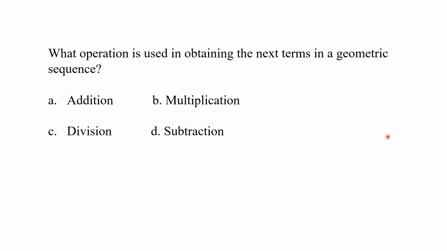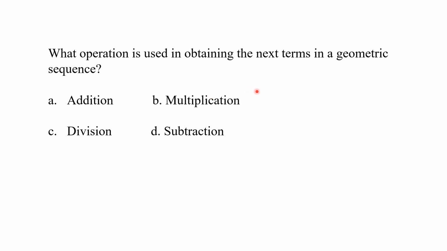Now, the problem is, what operation is used in obtaining the next term in a geometric sequence? Addition? No, this is not the correct answer. Letter B, multiplication. Letter C, division. Letter D, subtraction. To find the next term in the geometric sequence, we simply multiply by the common ratio to get the following terms.